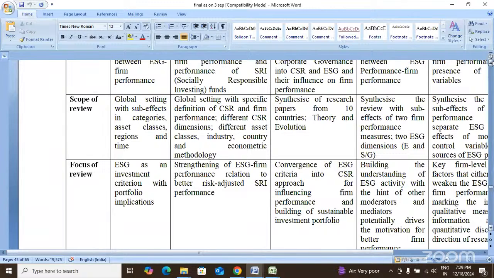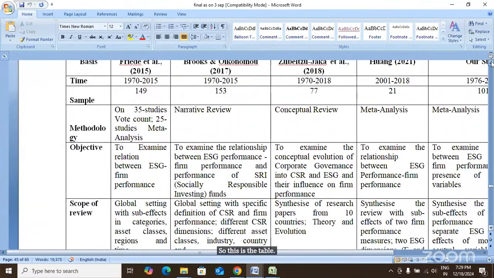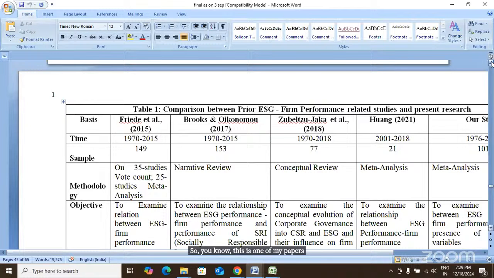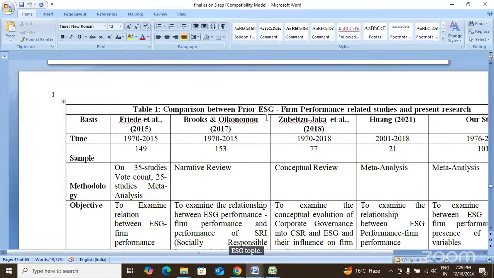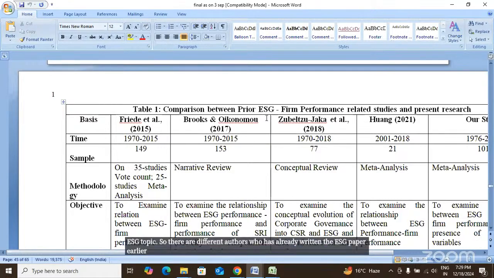So this is the table. This is one of my papers, and we have tried to compare it with the previous papers. Let's say we have written a meta analysis paper on the ESG topic. There are different authors who have already written ESG papers earlier as well. So we are trying to tell the reviewers and editors how our paper is different from these papers.